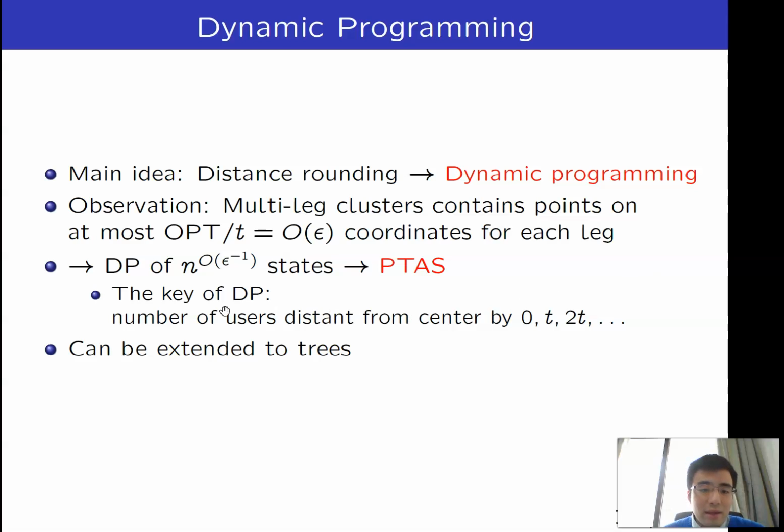By making this number of users distance from the center 0t, 2t, and so on to the key of the dynamic programming, we can write the dynamic programming of order n to the power of order epsilon inverse states. And it is a PTAS. This algorithm can naturally be extended to the tree case.